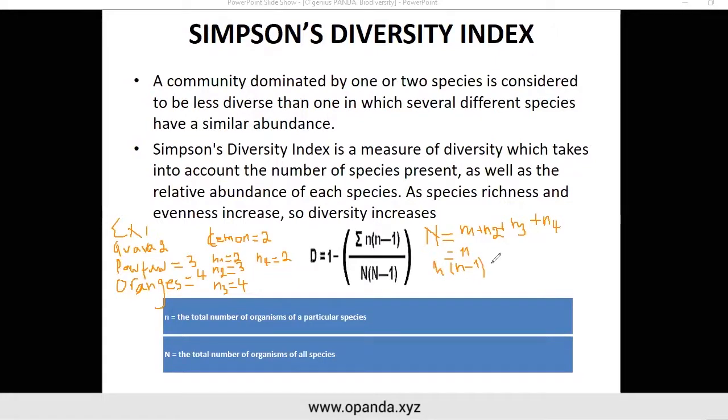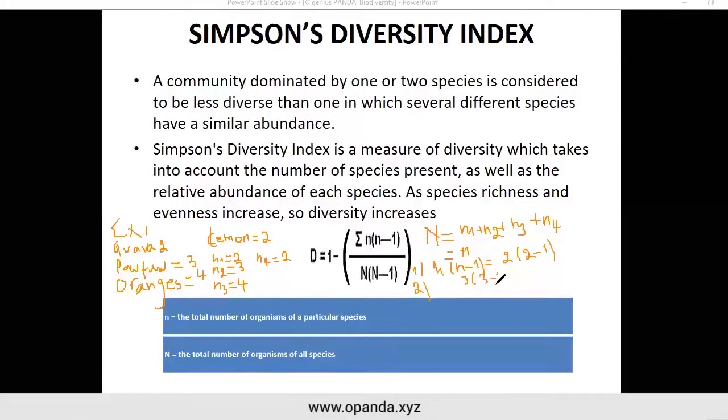n(n minus 1). I first start with guava. If it is guava, it is 2 minus 1 for the first case. For the second case, now it will be 3 minus 1.